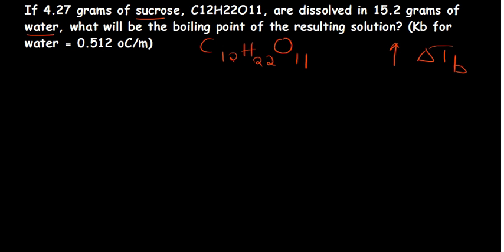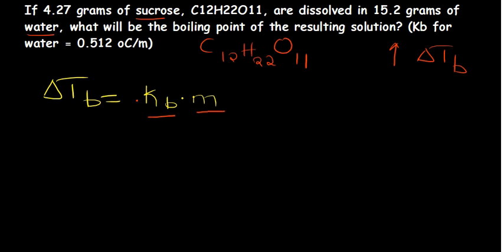So for boiling point elevation, you know that it's dependent on the constant Kb multiplied by, what do we multiply by? So Kb multiplied by molality, small letter m. So Kb has been given. Now m has not been given.